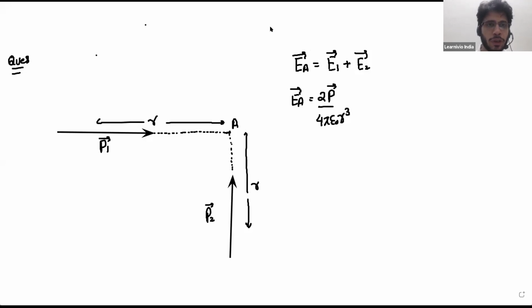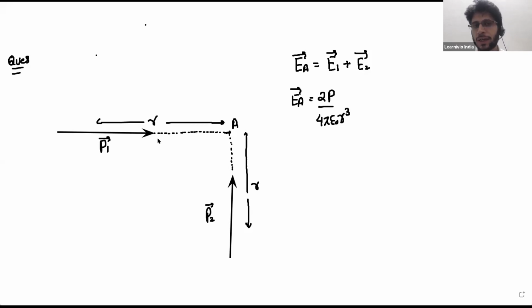Okay, tell me one more thing. What's the direction of the field on the axial line? The direction of the field is exactly the same as the dipole moment.